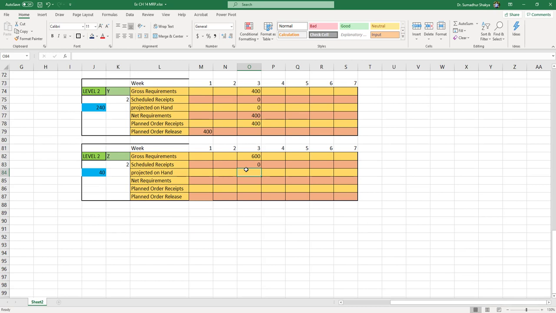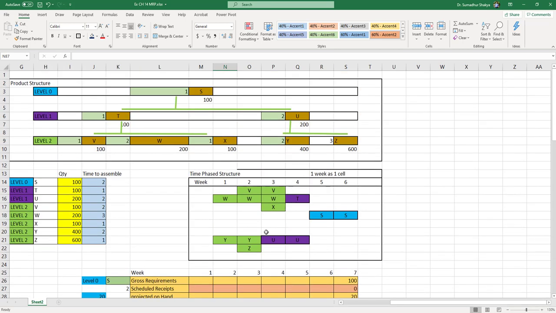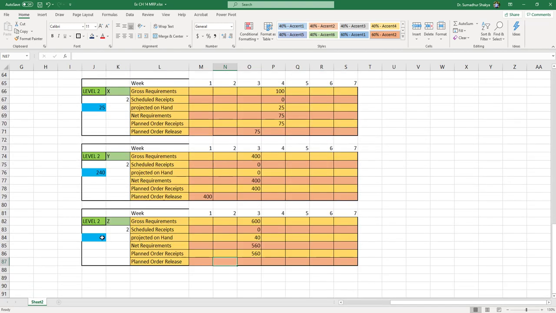This is 0, this is 40 units, therefore net requirements is 600 minus 0 minus 40. Planned order receipts are 560 units, and it takes 2 weeks, so 1, yeah, does it take 2 weeks? No, it takes 1, so this is supposed to be 1. So I'm going to release this the week prior.